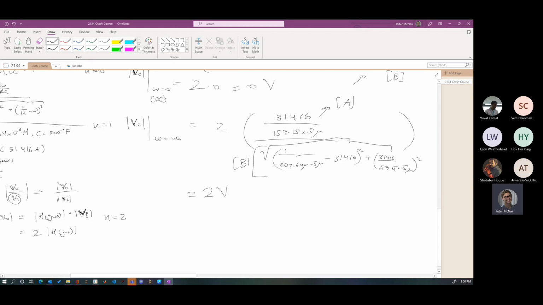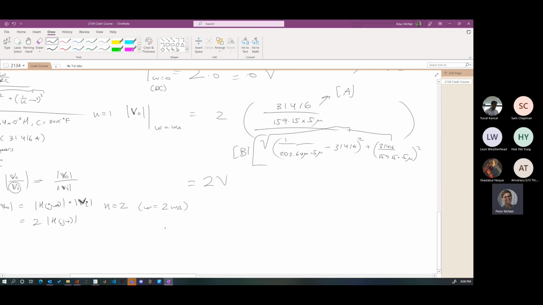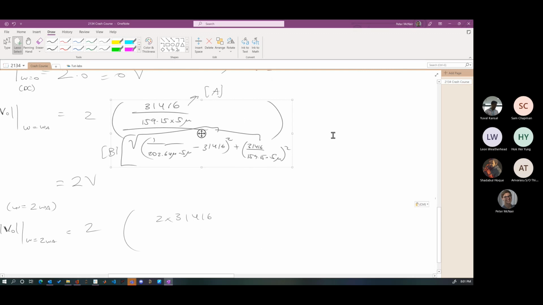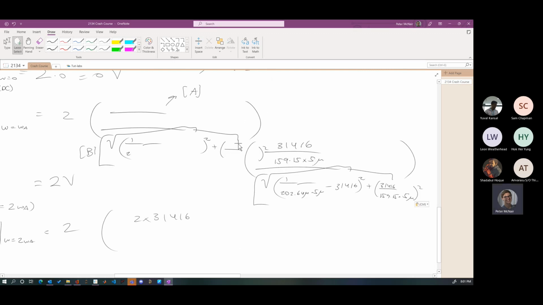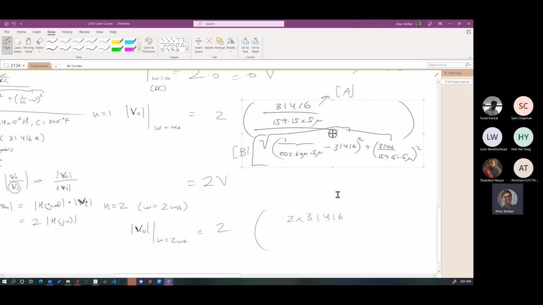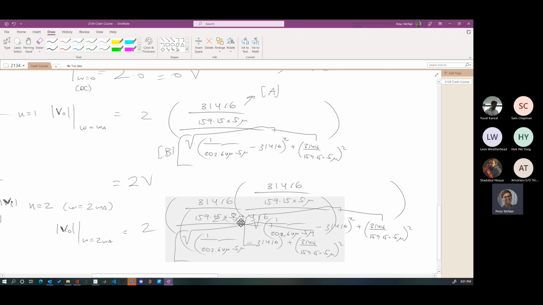Let's have a look at when n equals 2. So omega equals 2 omega A. Then mod of V0 evaluated when omega equals 2 omega A is exactly the same as this, 2, but then we've got 2 times 31416.